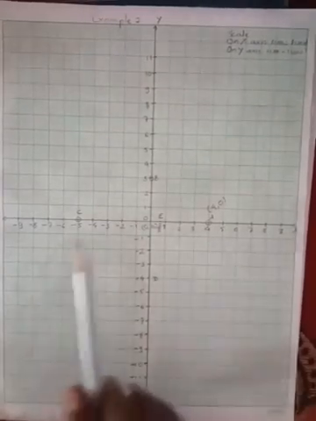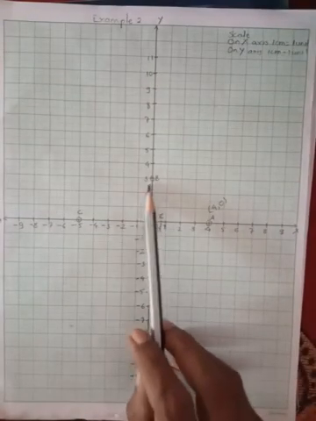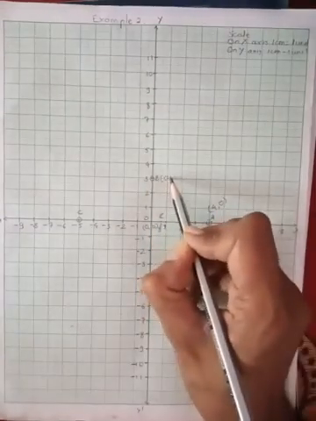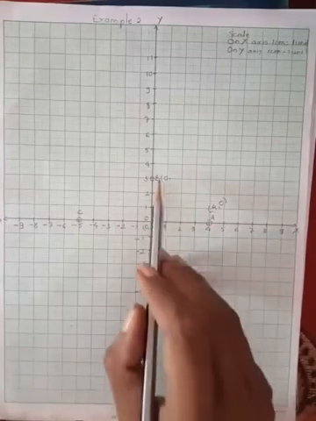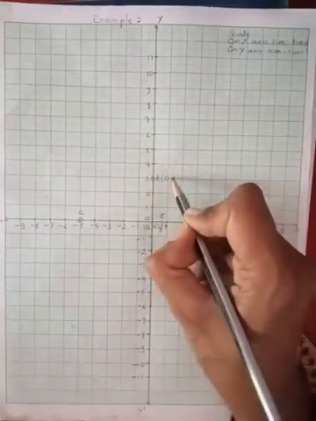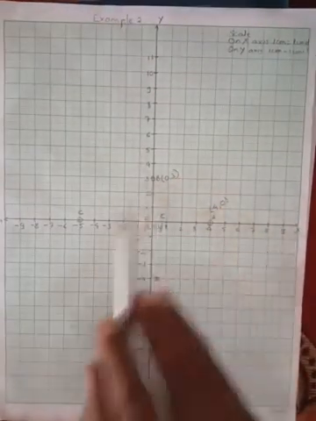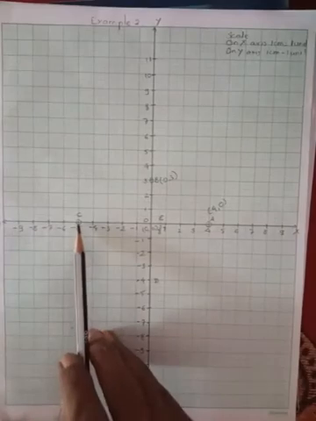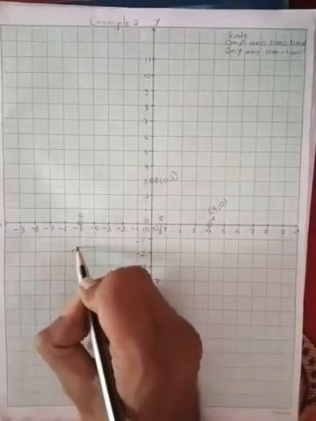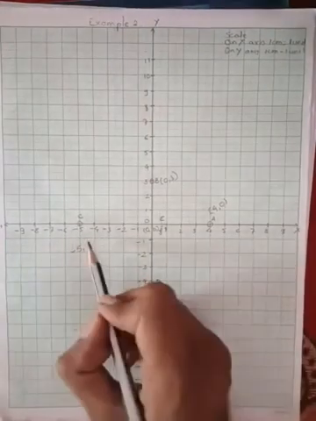Now next is about point B. If you draw the perpendicular on the x-axis, it will go to O. Hence, the x coordinate is 0, and if you draw the perpendicular on the y-axis it will go to 3, hence 0, 3 are the coordinates of point B. Next comes the point C. Please note here, if you draw the perpendicular on the x-axis it will go to -5, and if you draw a perpendicular on the y-axis it will go to 0.